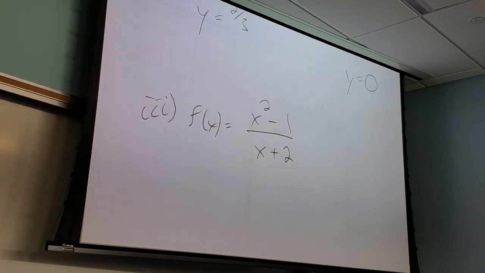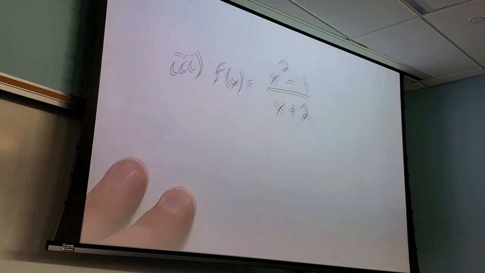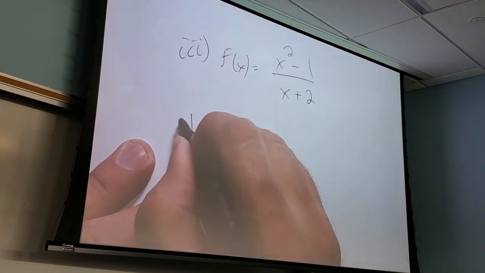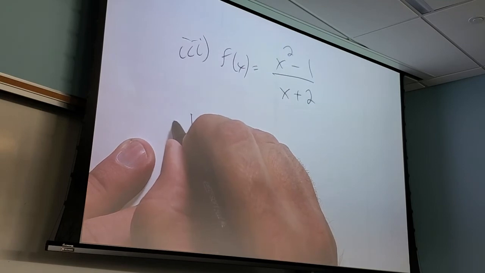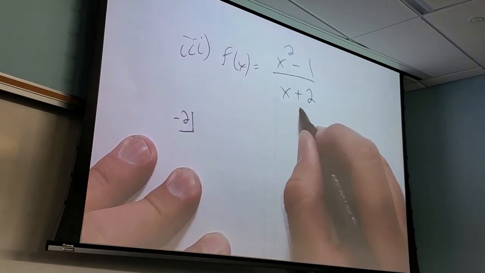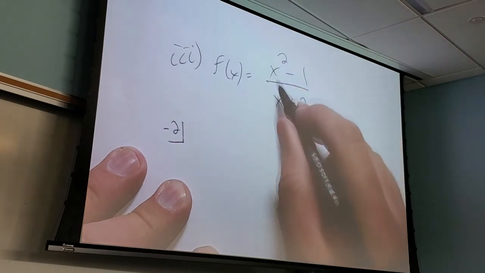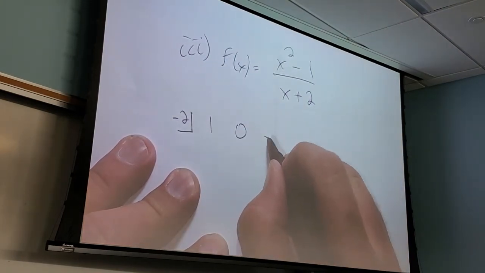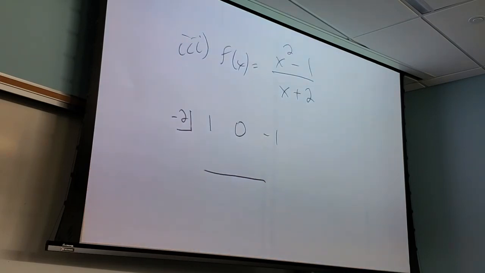So can you synthetically divide that, please? If you're not sure, what's going to go in the penalty box? -2. Now be really, really careful. What's going to go over here? Good. 1, 0, -1. I love it. So go for it.